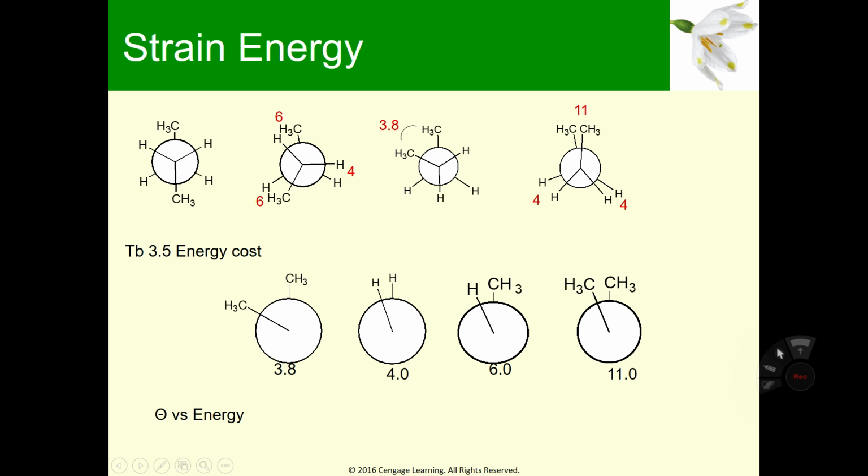Static strain is due to the bulkiness of atoms or atomic groups. If they are close together, then they compete for the same space, and so the bulkier group will have more static strain. Try to understand the difference between torsional strain and static strain, and both torsional and static strain are called strain energies.